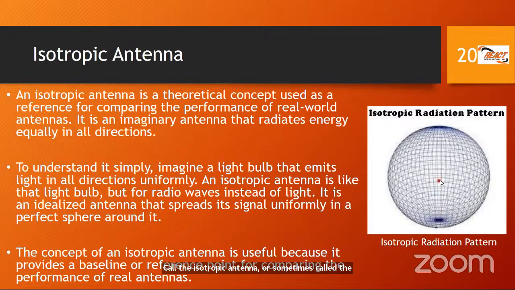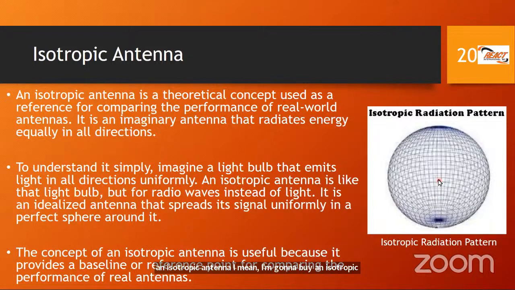That is a sort of ideal antenna, and that's why we say it's not a practical antenna. It's an ideal theoretical antenna, which is a spot. We're not going to construct an isotropic antenna. We're not going to buy an isotropic antenna per se.